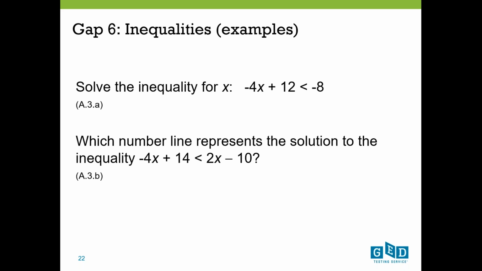For A3B, it's similar. This is a three-step inequality to solve. Not all of them are three steps, because we don't want to get too complex when the focus is not so much on the solving, it's on mapping.